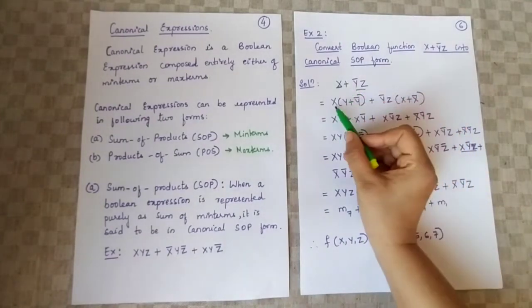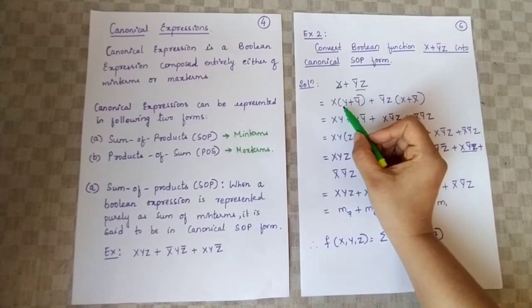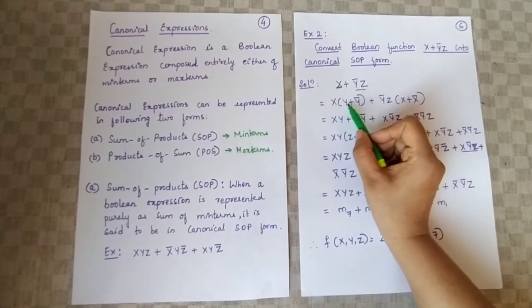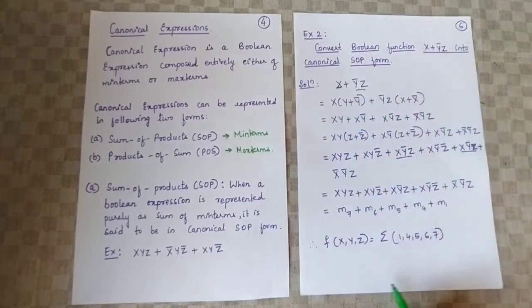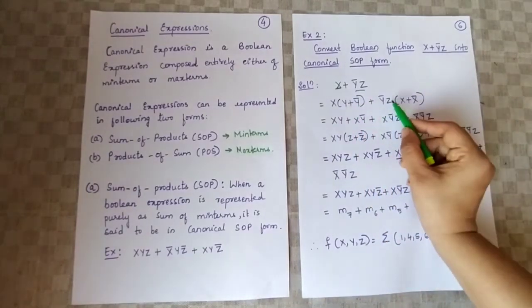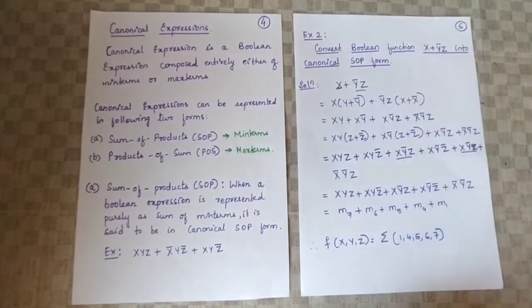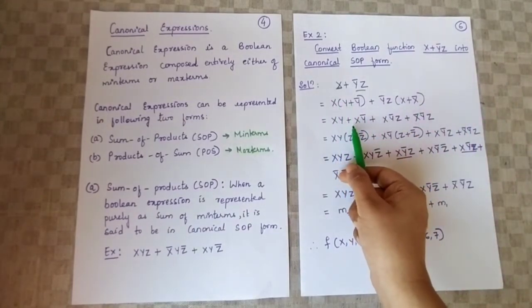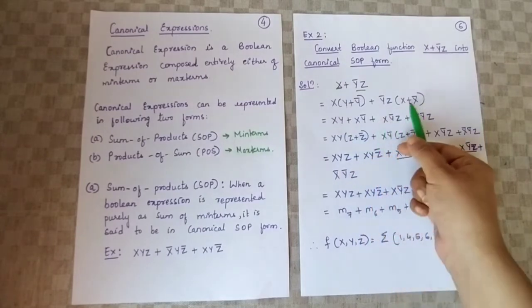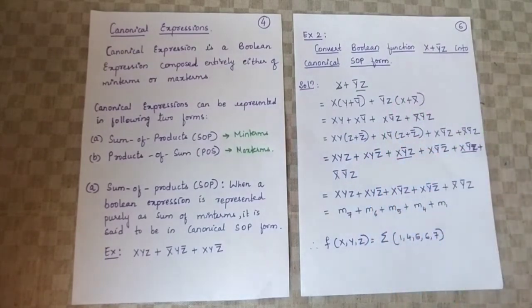missing, then it is always better that we multiply with one missing term at a time. So let's take first x. First we are going to get the first missing term here, that is y. So it says x into y plus y complement, plus y complement z, only x is missing, take x plus x complement. Next, multiply: xy plus xy complement plus xy complement z plus x complement y complement z.